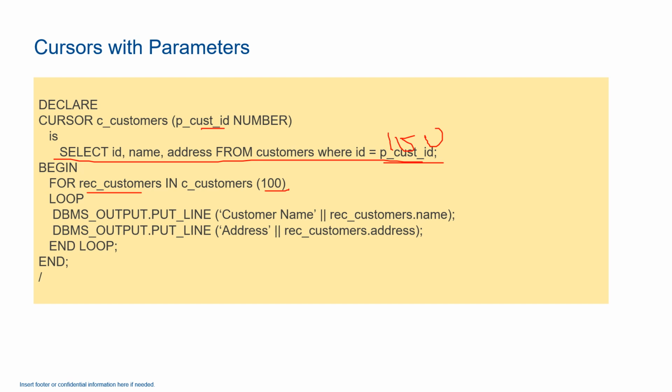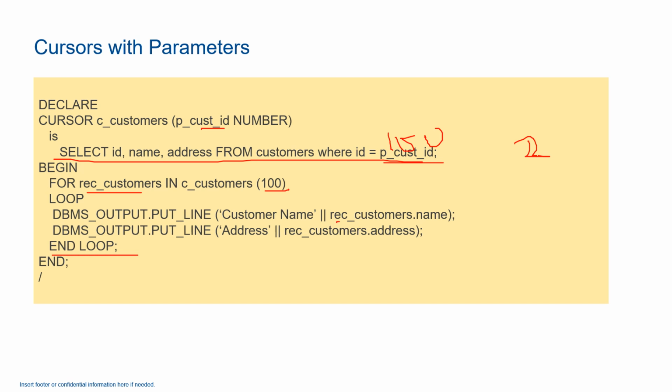Suppose there are two rows, it will fetch two records and give the value as rec_customers.name, the name of that particular customer. We are also printing the address. So it will print the customer name as well as the address for both records. Then we end loop.